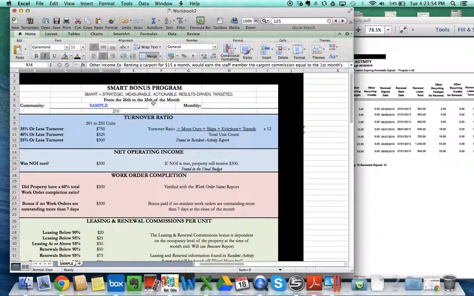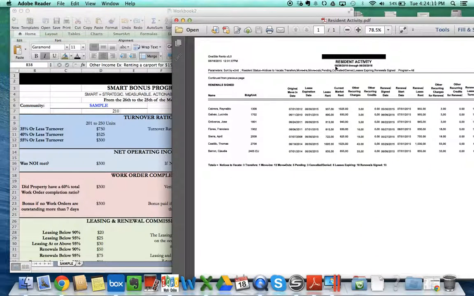We know that it would be easier to do from the 1st of the month to the 30th of the month, but in order to be consistent with how our accounting works, it's just a little more standardized if we go from the 26th to the 25th of the month. So please keep that in mind when you're pulling your reports. You can see here that I pulled the resident activity report for May 26, 2015 through 6/25, 2015 in order to figure out the activity for the month of June.